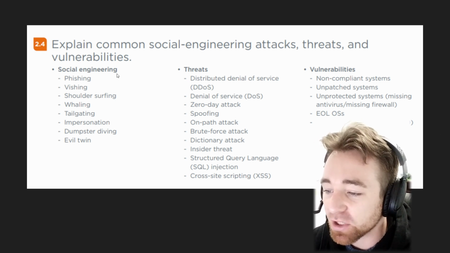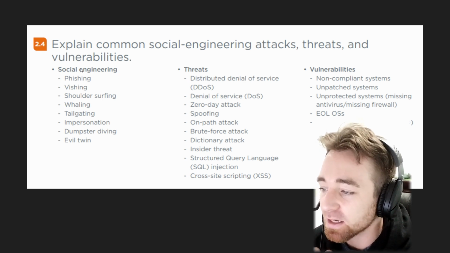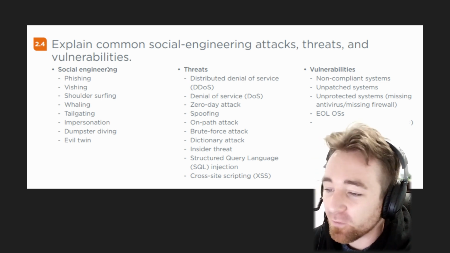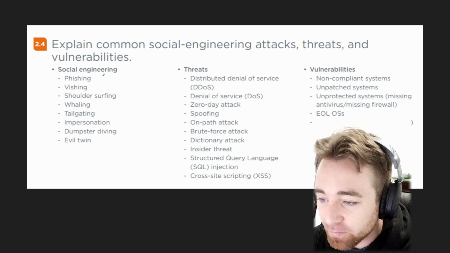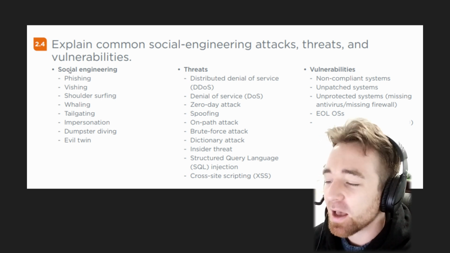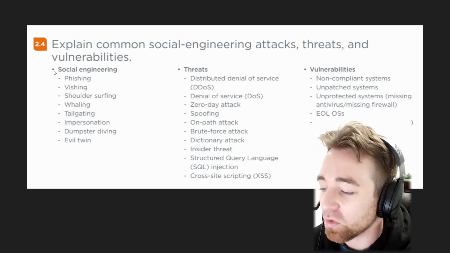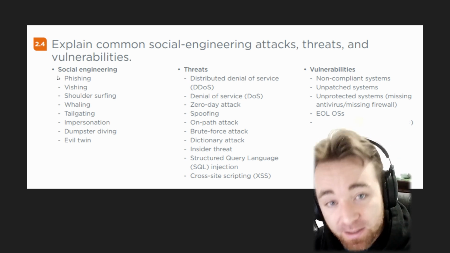We'll start with social engineering. Actually, before we start, I'll just briefly go over the difference between these things. So we have three different categories of things you need to know about for this exam objective for your 1102 exam. Social engineering refers to techniques that scammers may use in order to trick you using human psychology.